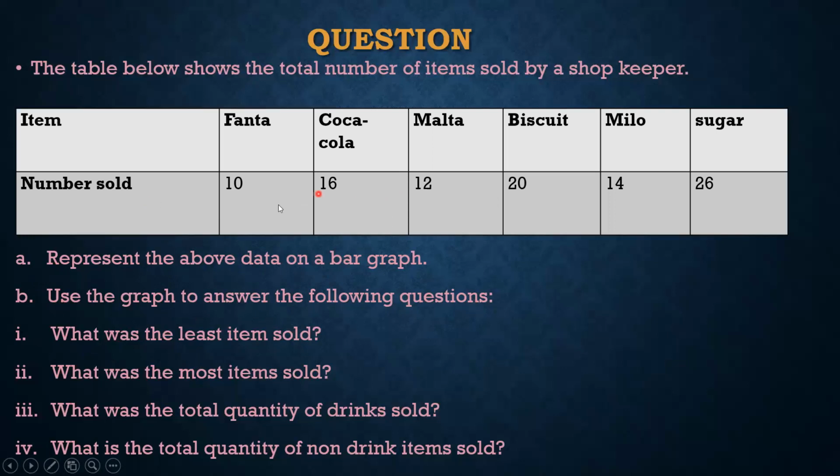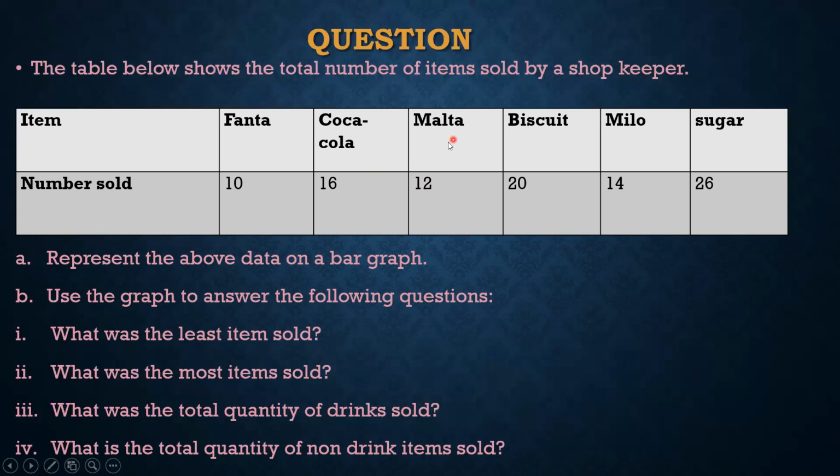So without even starting with the graph, you can easily answer this one. What was the least item sold? You want the item name, the smallest item sold. I think that one is malt, because looking at the number of items sold here, that is 12.